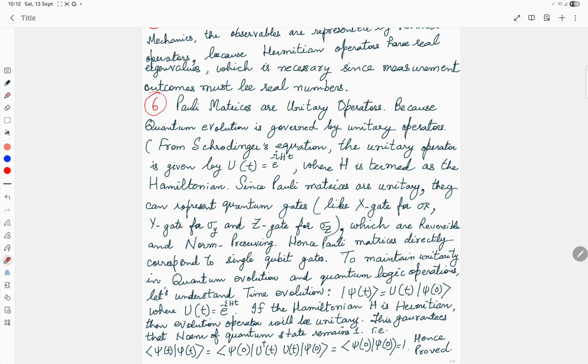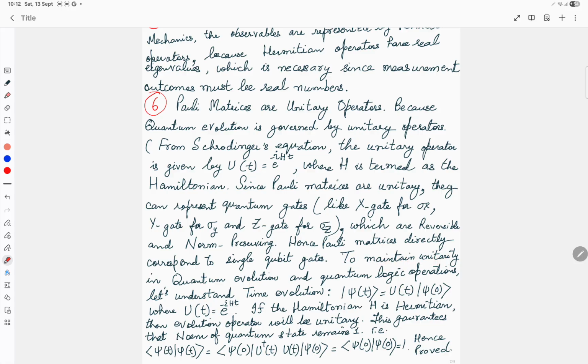Since these are quantum gates, they are reversible and norm preserving, which are two conditions necessary for quantum gates. So these Pauli matrices can act as the quantum gates because they are reversible and norm preserving. Hence Pauli matrices directly correspond to single qubit gates.